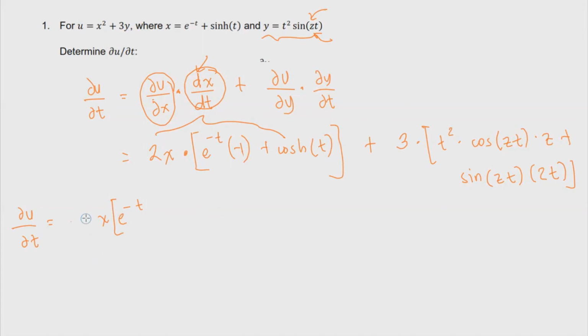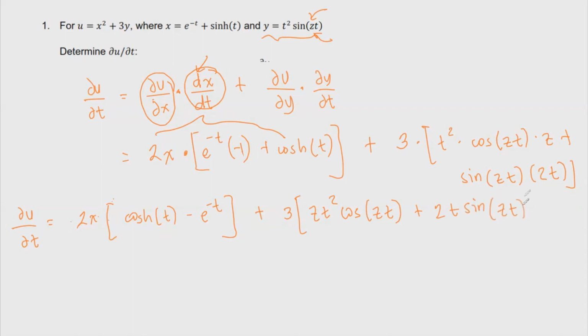We have 2x times the bracket of cosh of t minus e raised to negative t. And then we have here plus 3, and then t squared z, or whichever, cosine of zt, and then plus 2t sine of zt. Okay, so this is our answer for partial u over partial t.